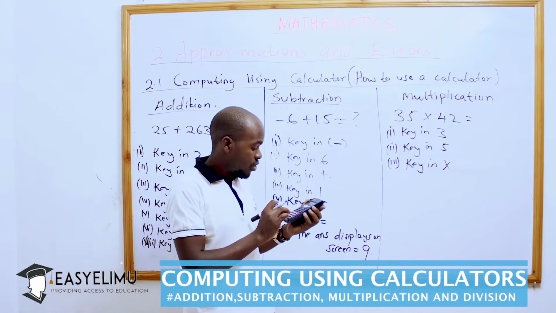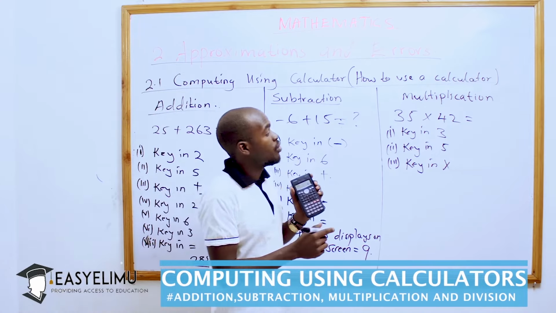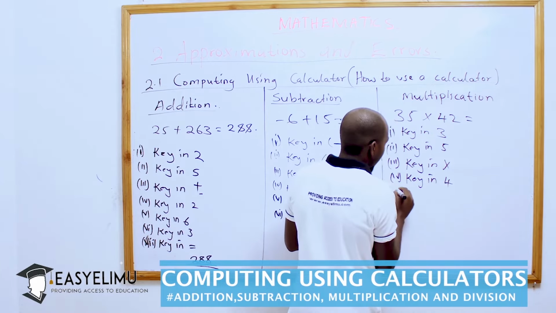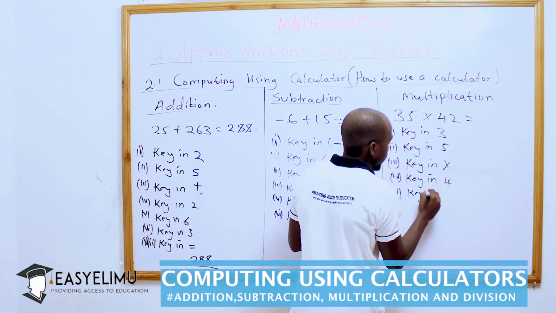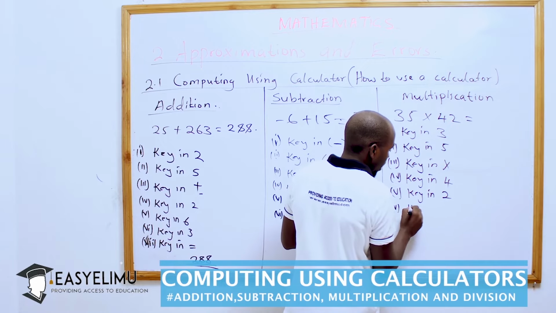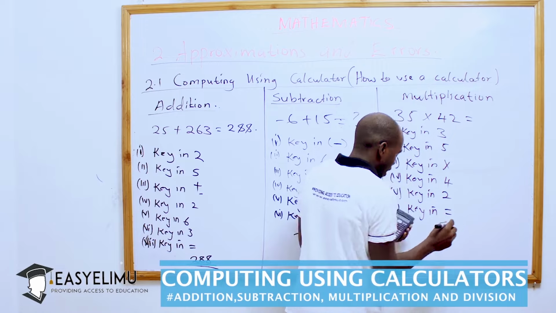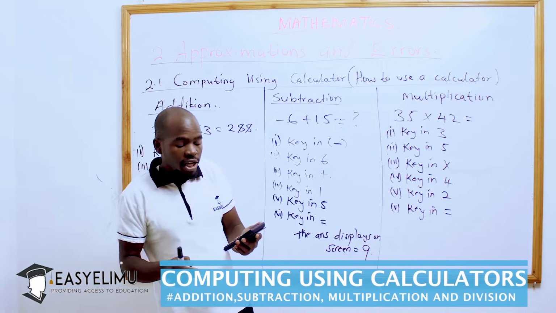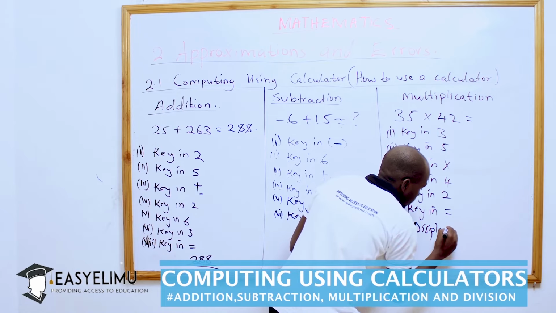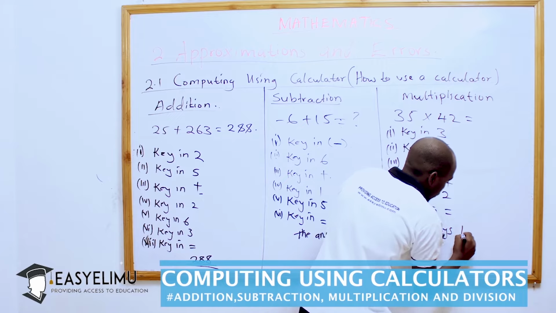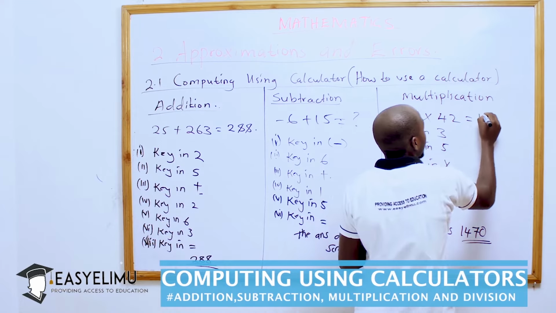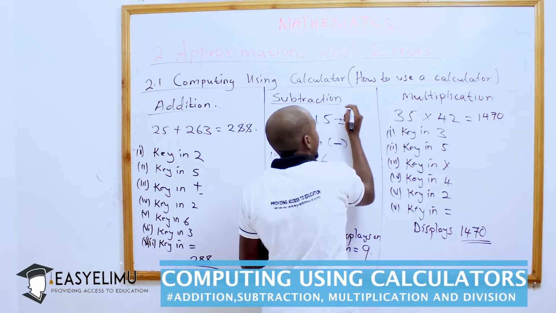Then you key in 4 and press 2, and the final one you press the equal sign. You will find the calculator displays 1470, and this is the answer here. Now we can say this one is equal to 1470.